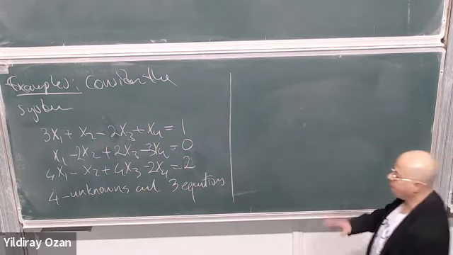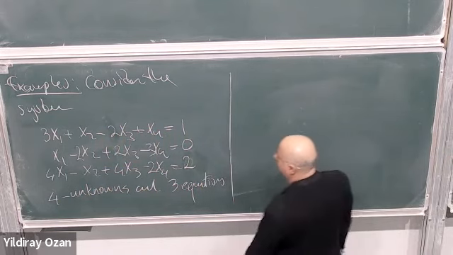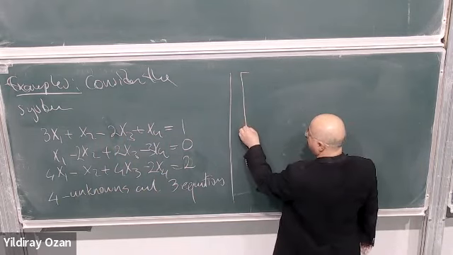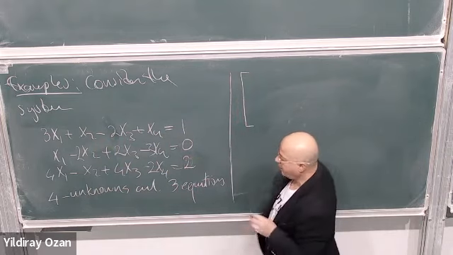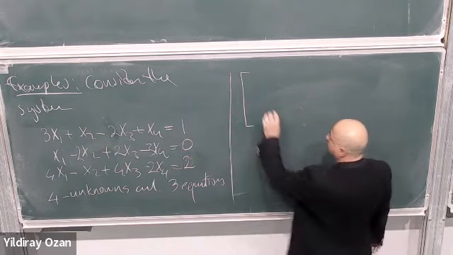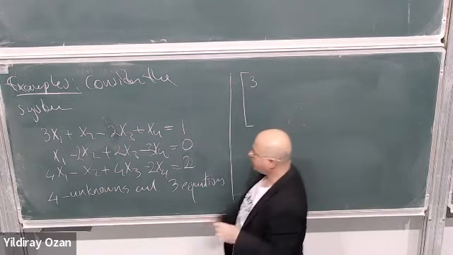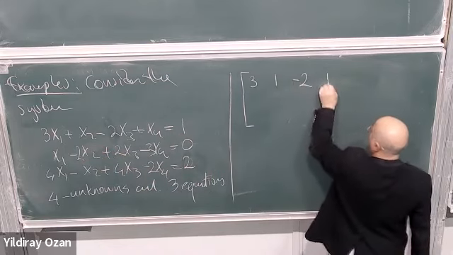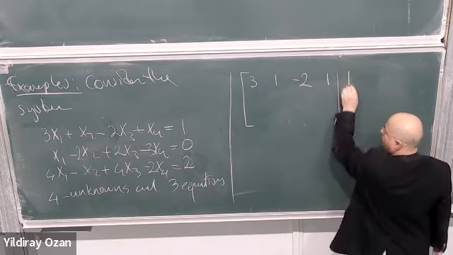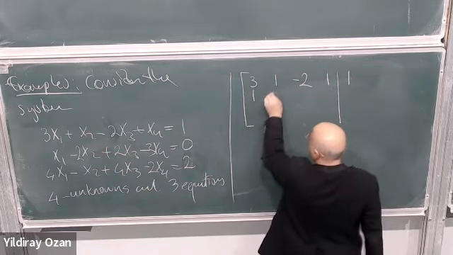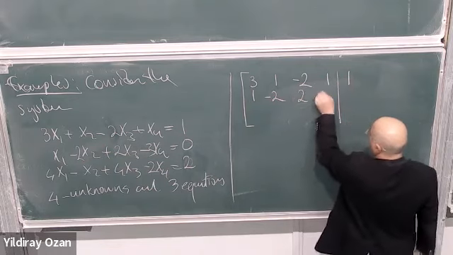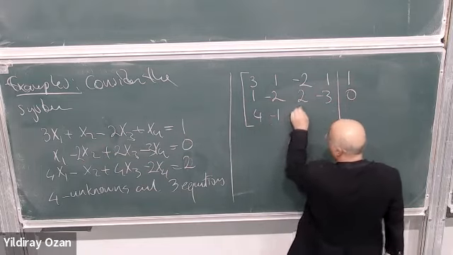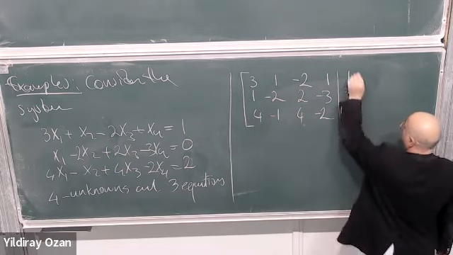Let's see how we can solve this using Gaussian elimination. As in the example we considered last time, we write this in augmented matrix form. I write down the coefficients 3, 1, -2, 1, and then 1; then 1, -1, 2, -1, 0; and then 4, -1, 4, -2, and 2.